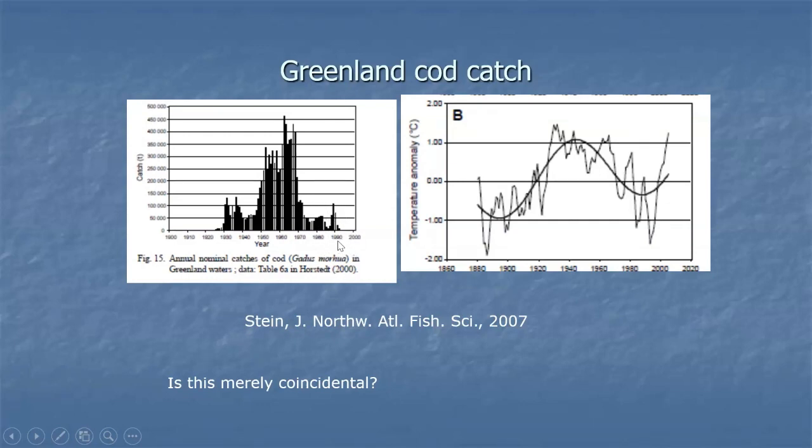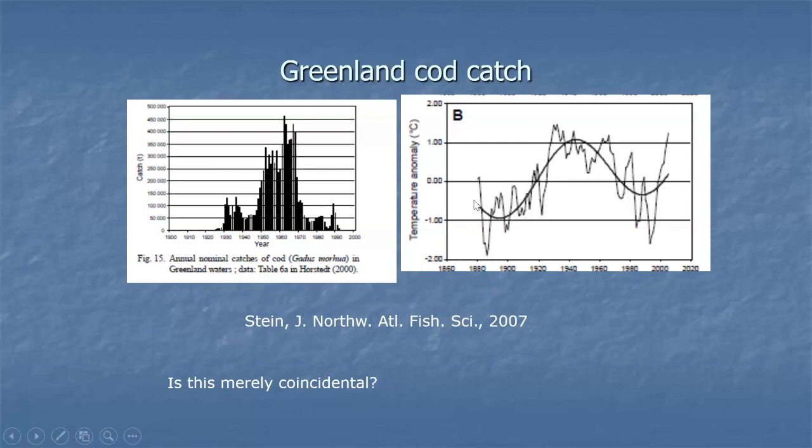And this collapse occurred at the same time as, or soon after, a collapse on the other side of the Atlantic in the fisheries off of Newfoundland, Atlantic Canada, that, as I say, wiped out a fishery that had been going at that point for 540 years.